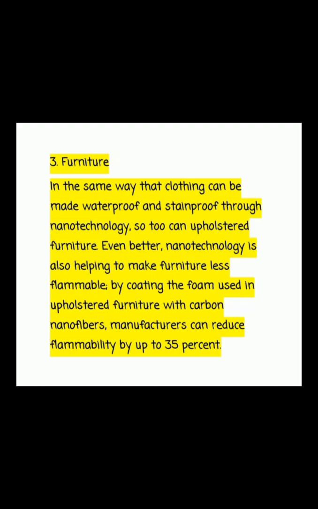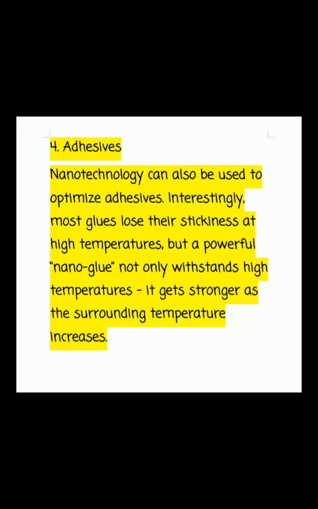Manufacturers can reduce flammability by up to 35%. Number 4. Nanotechnology can be used to optimize adhesives. Interestingly, most glues lose their thickness at high temperature, but a powerful nanoglue not only withstands high temperature, it gets stronger as the surrounding temperature increases.